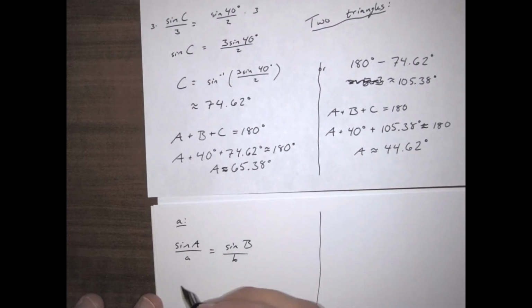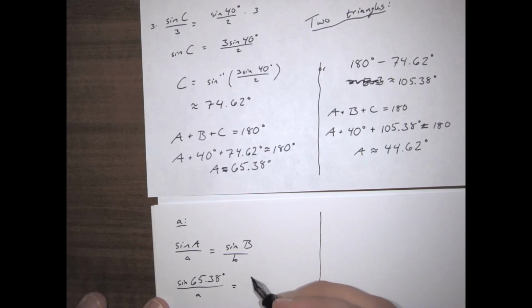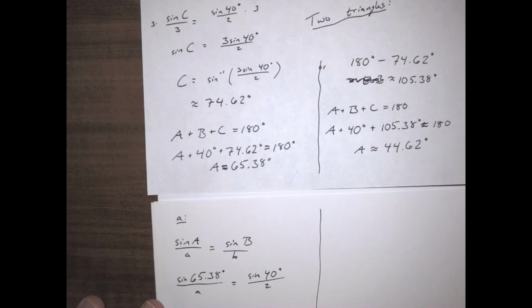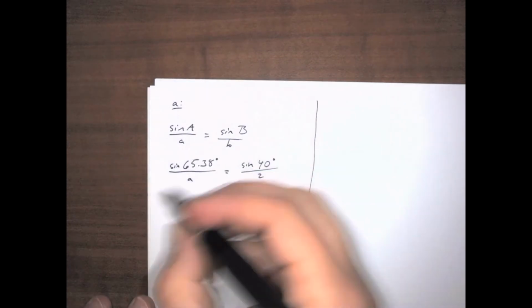All right, and the information that we have says sine of 65.38 degrees divided by the mystery of the little a is equal to sine of 40 degrees divided by 2. So now we just solve this, cross multiply.